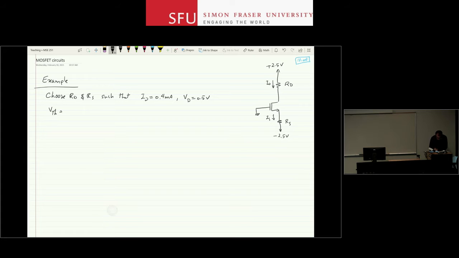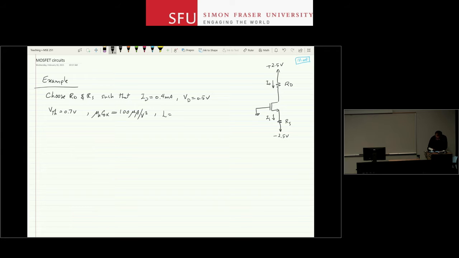So V threshold is 0.7 volts for this device, and mu and C oxide are fabrication parameters. Depending on who makes the device for you, they give you a number that you have to live with. Mu N C oxide is 100 microamps per volt squared, but W and L are under your control.